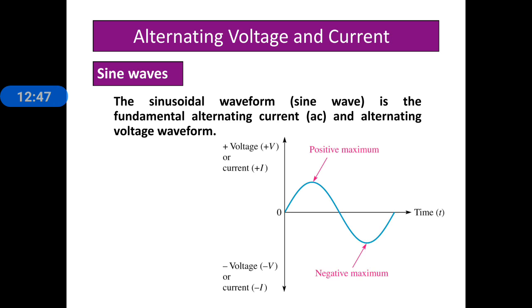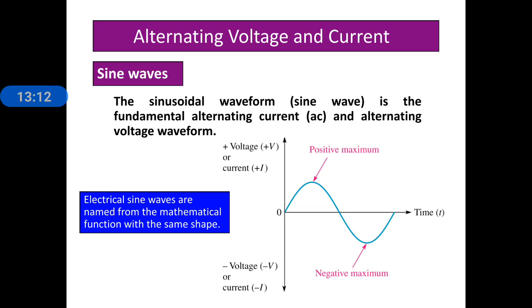Here we have taken time, but we can mark the x-axis with respect to angle also. So for one rotation, how much time is required or how much angle. So the x-axis can be taken in time or in terms of angle. The positive maximum and negative maximum are given.